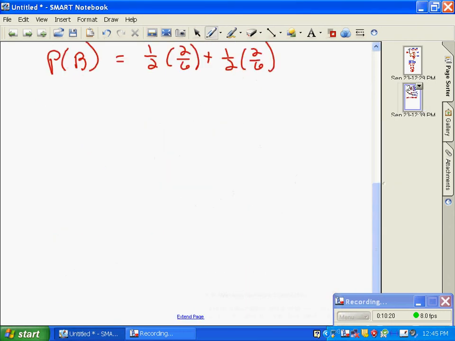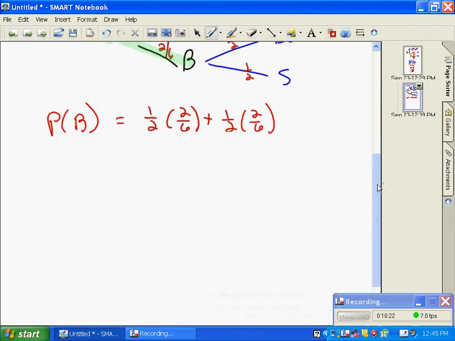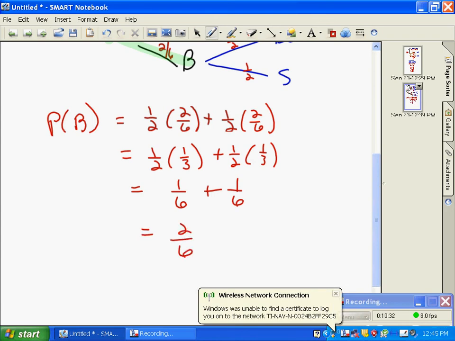That would just be easier. I would have 1/2 times 1/3 plus 1/2 times 1/3. So I get 1/6 plus 1/6, which is 2/6. Now what's 2/6 reduced down to? We could reduce that.